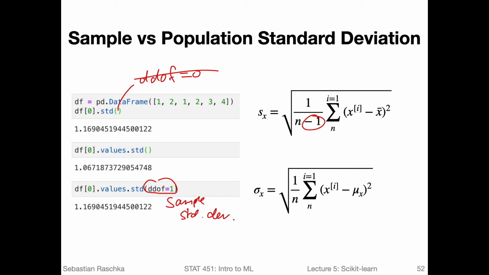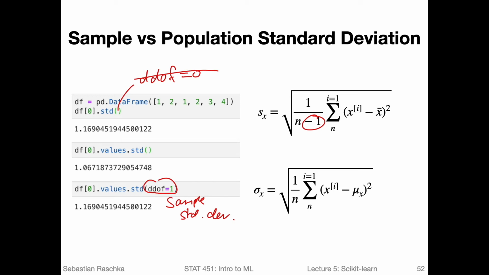In machine learning, by the way, it doesn't really matter whether you use the standard deviation corresponding to the sample or the population. All that matters is that the feature is centered and has approximately unit variance. So you can use either or.